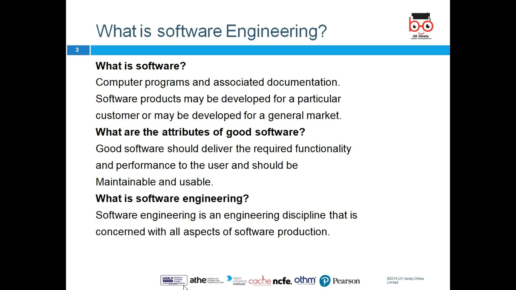In the same way, software engineering is also counted as an engineering discipline that is concerned with all aspects of software production. When you get a building constructed, that's a production, and software itself is considered a production.